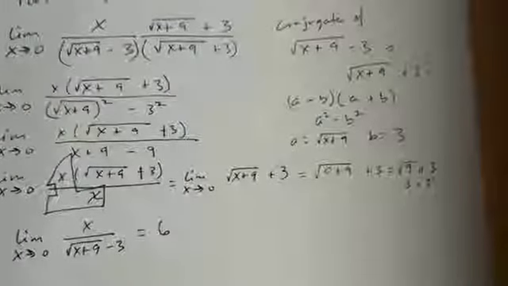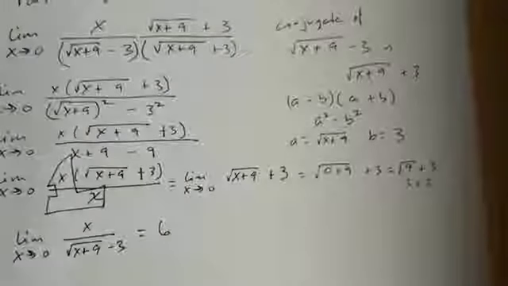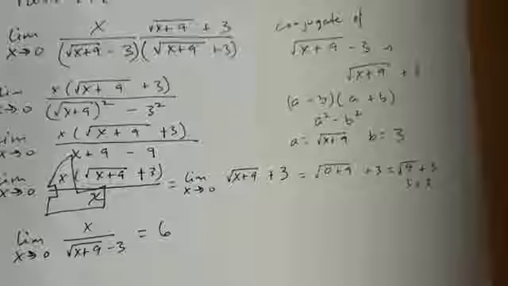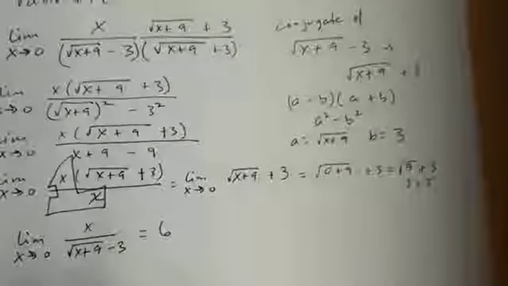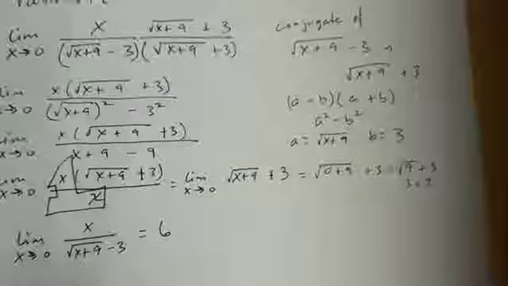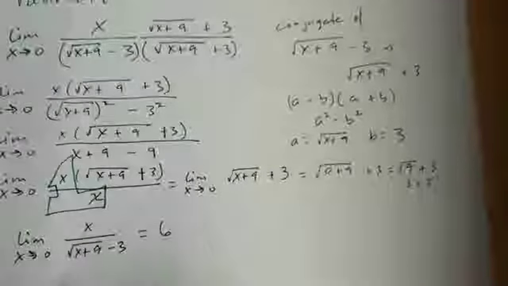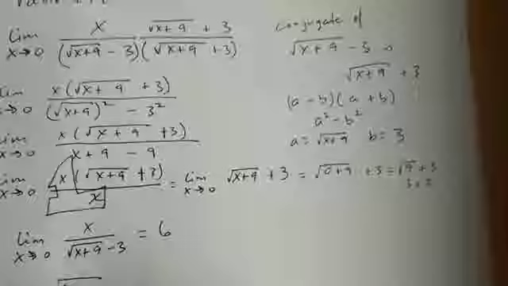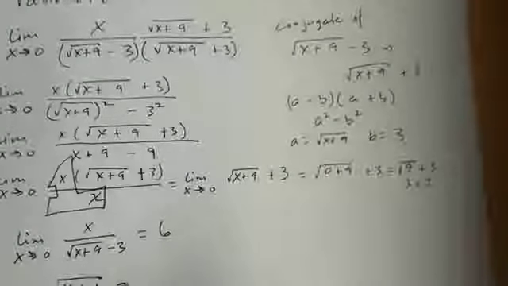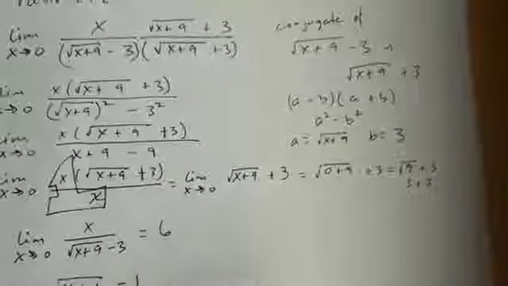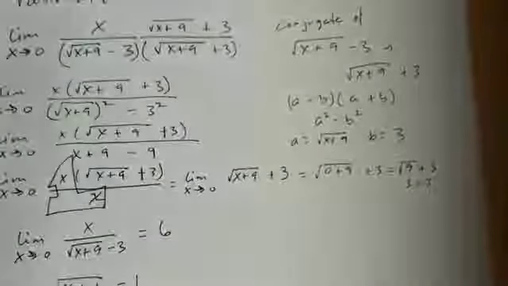All right, let's try another example. Here, in the second example, we will rationalize our numerator. So let's try the limit as x approaches 0 of the square root of x plus 1 minus 1 divided by x.